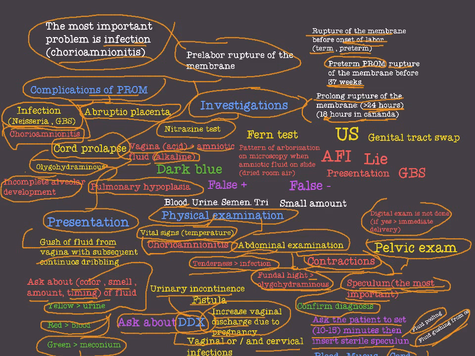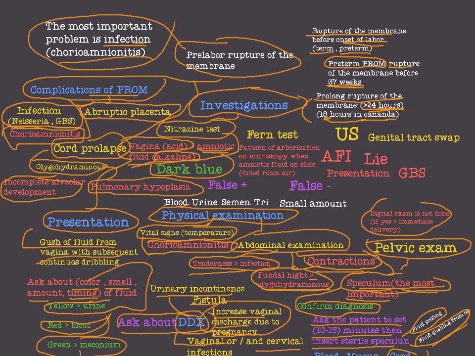Vagina is acidic, most of the time. So vaginal pH is around 4.5 to 6 normally. If you put amniotic fluid on it due to rupture of membrane, then the media will be alkaline, and the nitrazine test will show you a dark blue color.